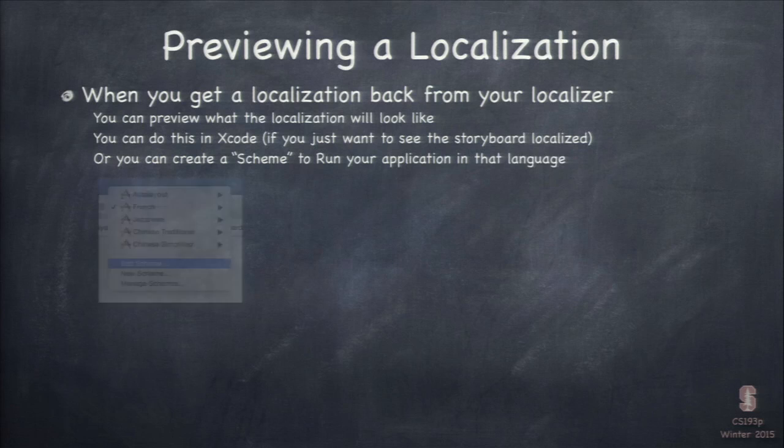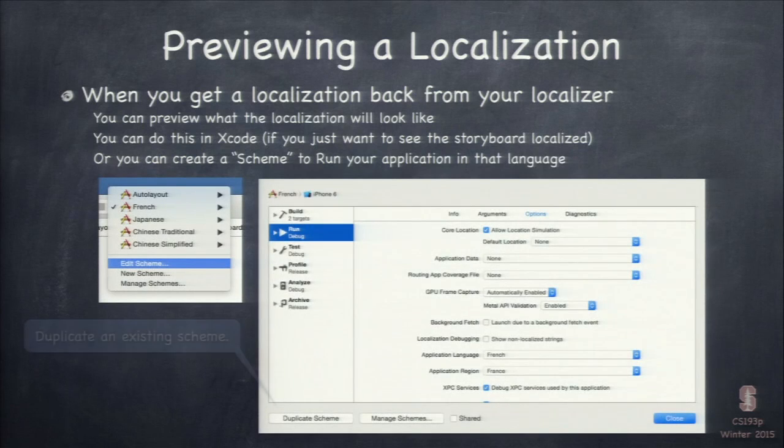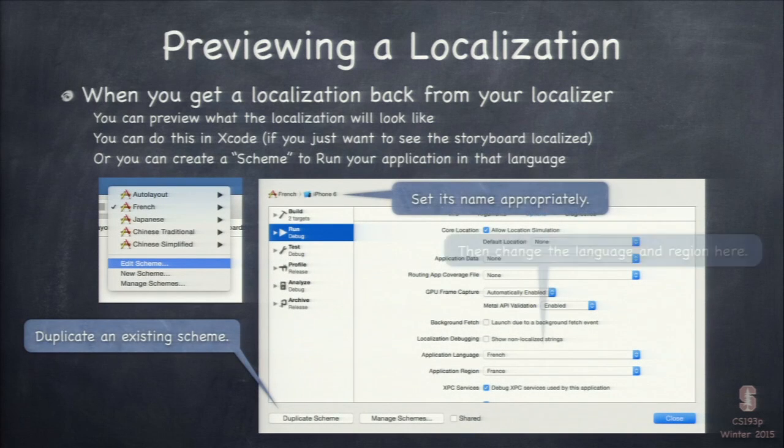The other way, and this is mostly the way you're going to test your app, is you want to run it using the translations. Now, it would be a pain in the neck if every time you wanted to run in Arabic, you had to go on your device or your simulator. Here, let me show you. So here's my device.